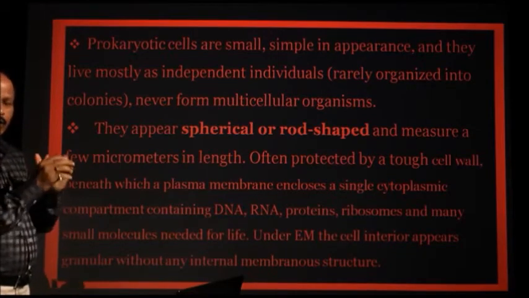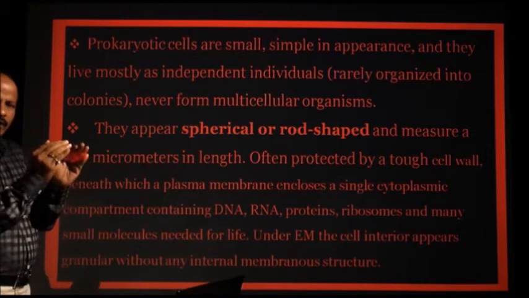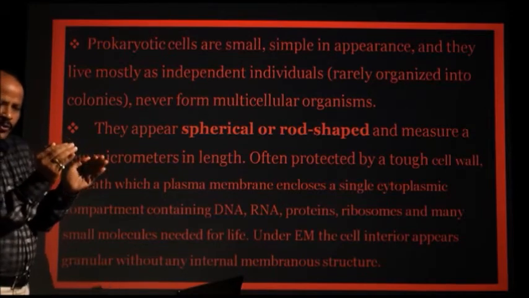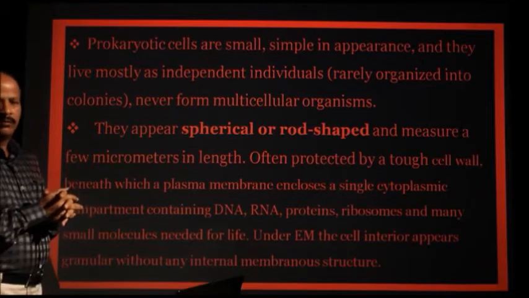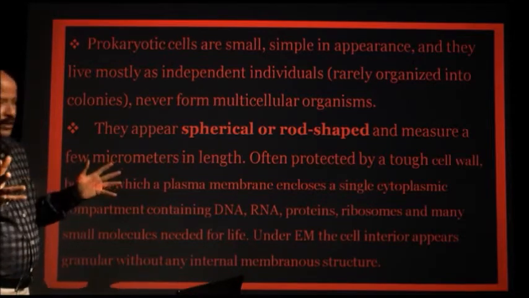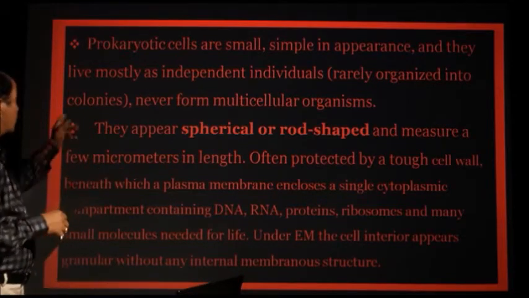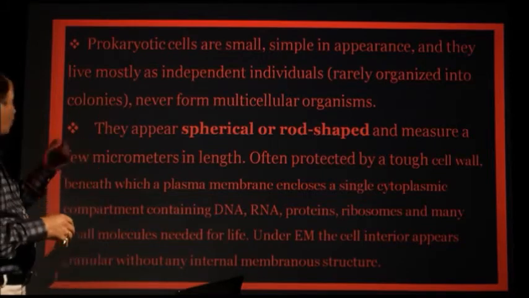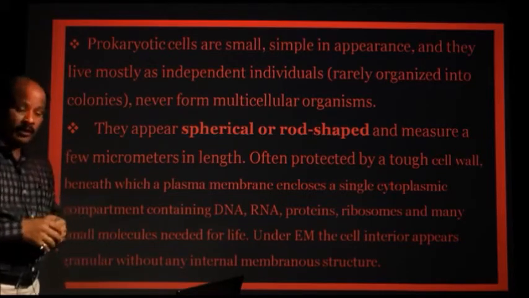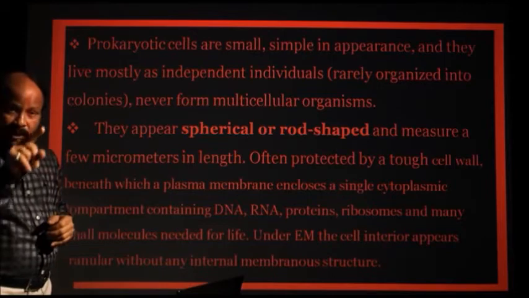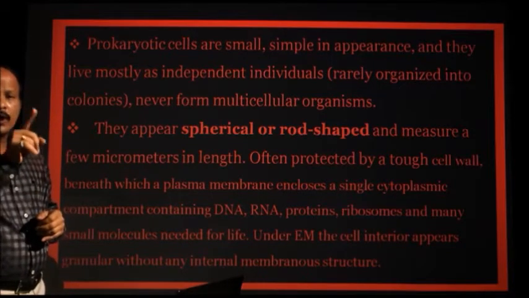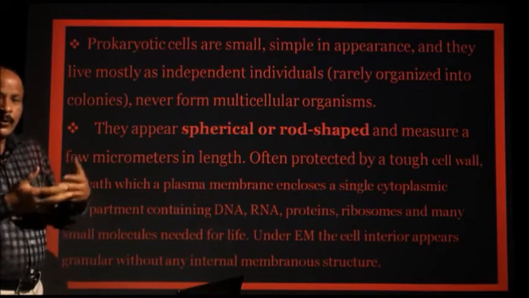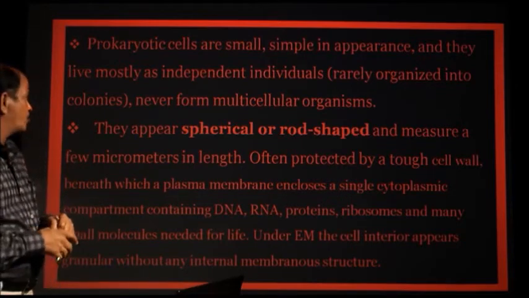If in certain cases many prokaryotic cells are together, they are in the form of a colony, not interconnected. So they never form multicellular organisms, whereas they are either spherical in appearance or capsular form, rod form. They appear under light microscope.